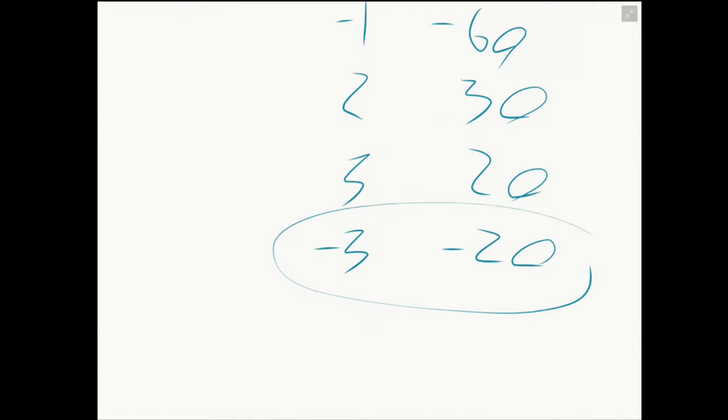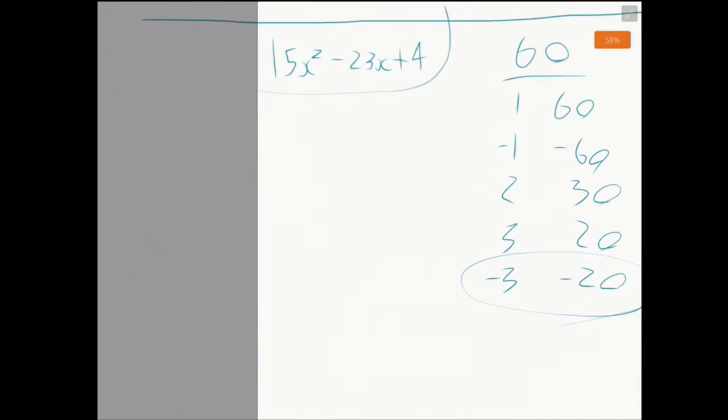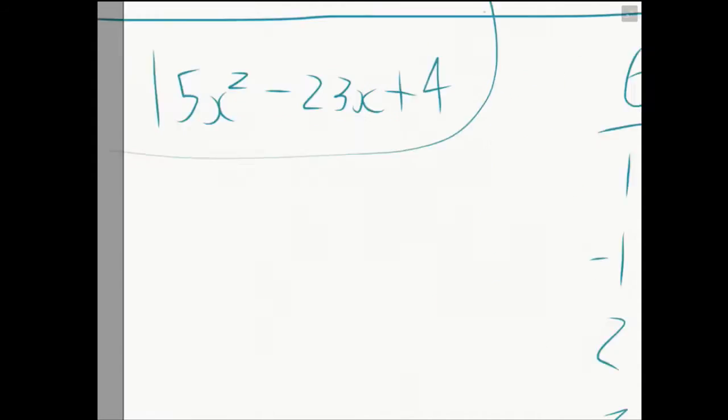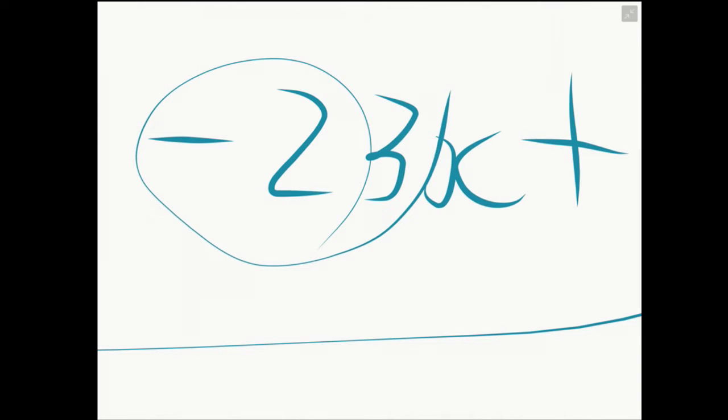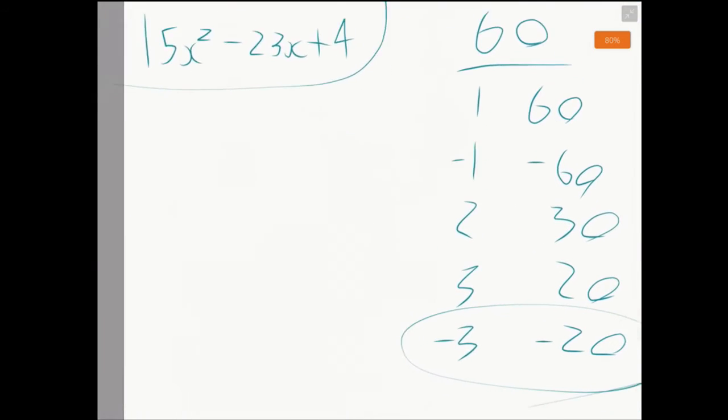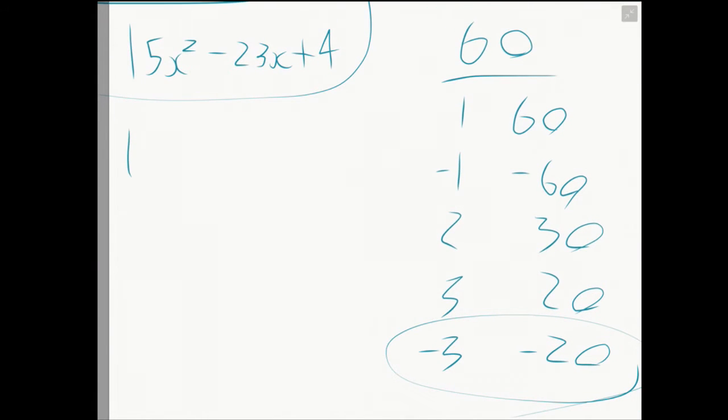Oh, look at this. We found it. I'm not going to bother writing out all the factors of 60. That's a waste of my time. I know that negative 3 times negative 20 is equivalent to positive 60. And what do we need for this? We need negative 23. What's negative 3 plus negative 20? Negative 23, okay?